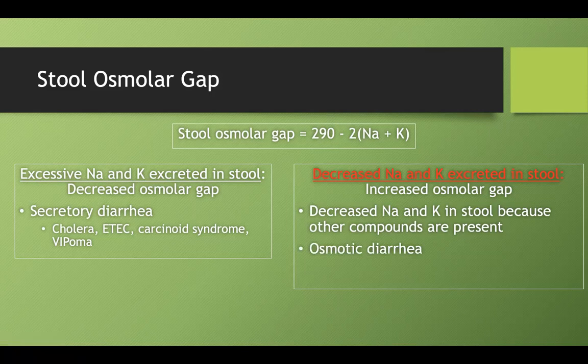Well, anything that can cause an osmotic diarrhea. Instead of, in secretory diarrhea, everything just getting thrown into the stool, including sodium and potassium, in the case of osmotic diarrhea, most of your osmoles are formed because of whatever you have in your GI tract, whatever is stuck there. It could be lactose in the case of lactose intolerance. It could even be fats in the case of fat malabsorption.